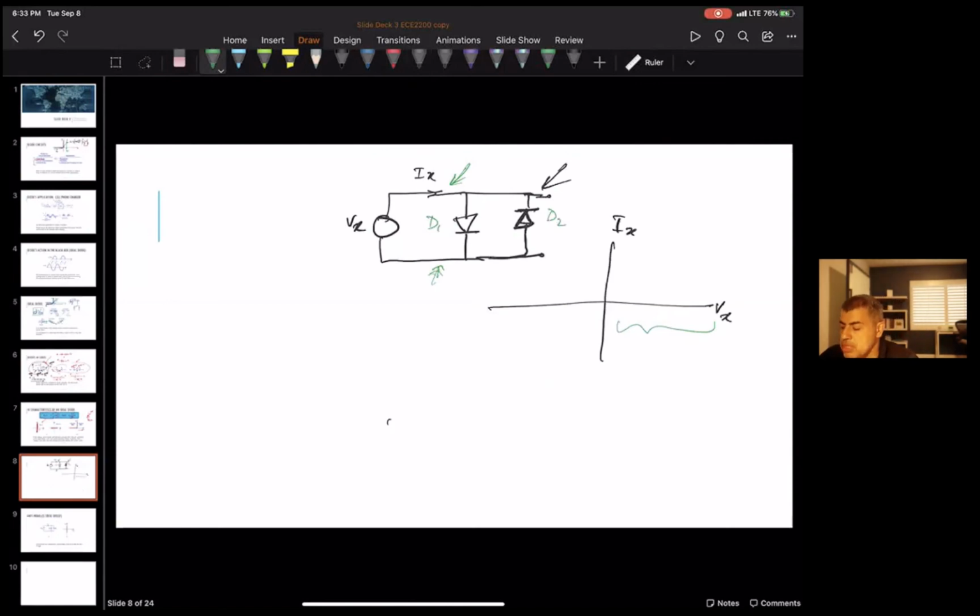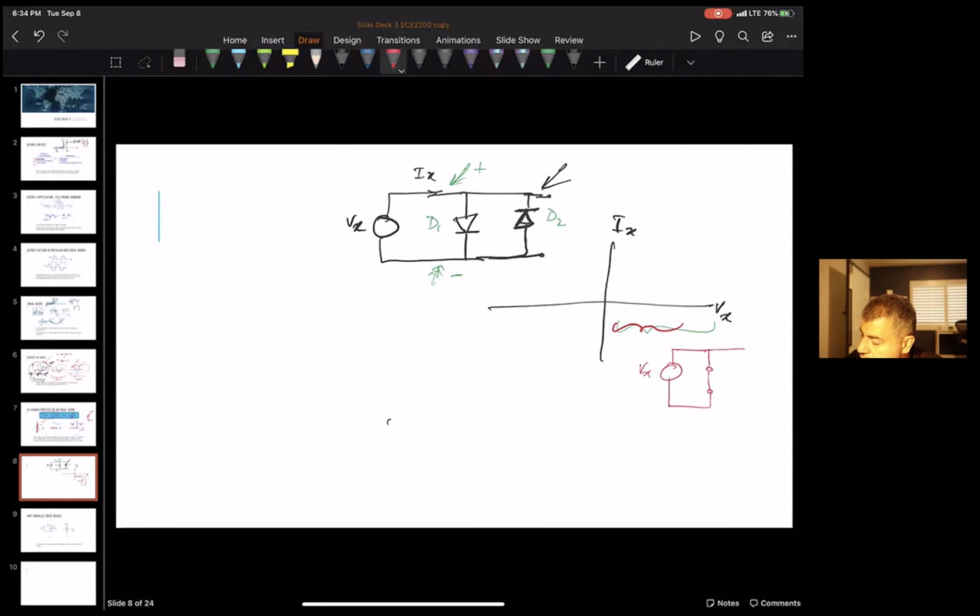Is D1 on or off if this is more positive than this point? D1 is on, it becomes a short. Yep, exactly. So at this point, D1 is on, and what it looks like is Vx with D1 as a short.